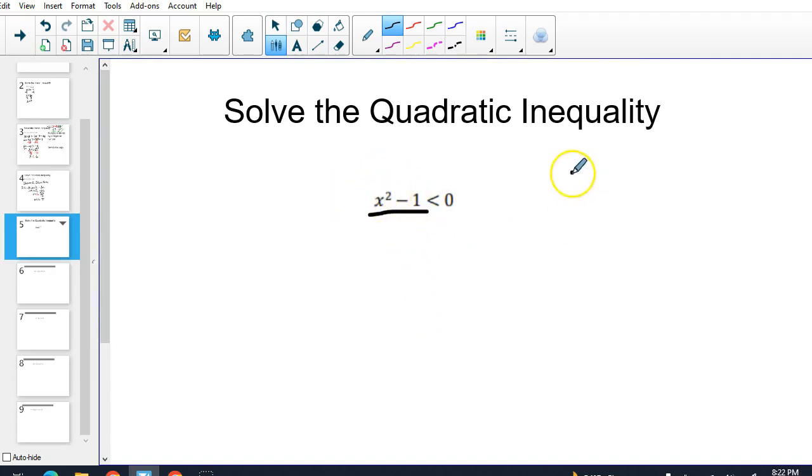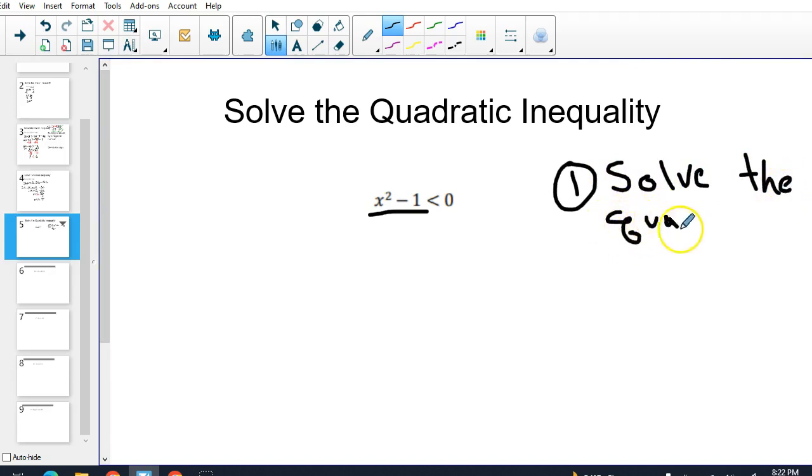First things first, we're going to solve the quadratic as if it was an equation.